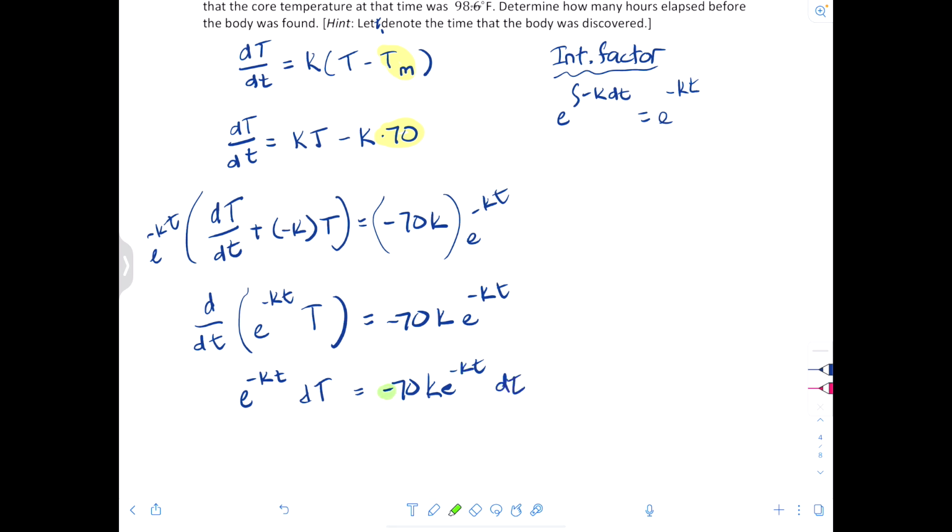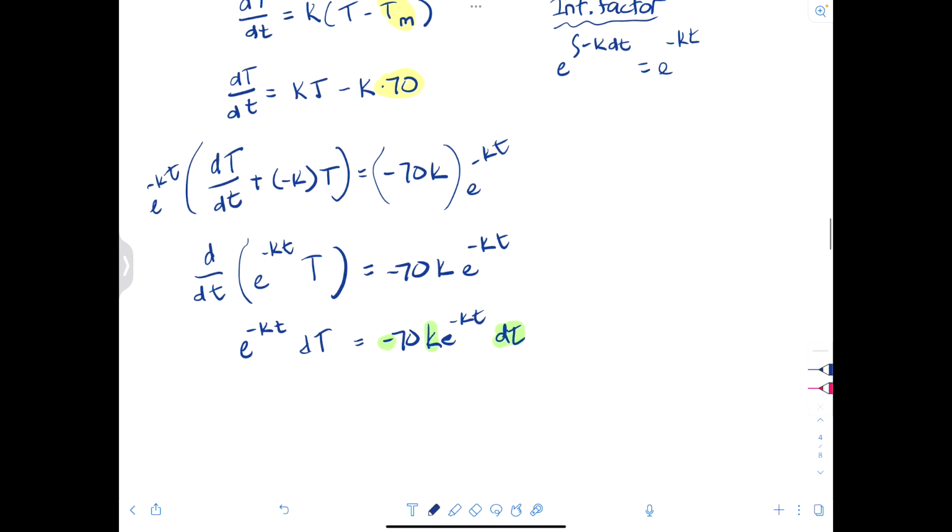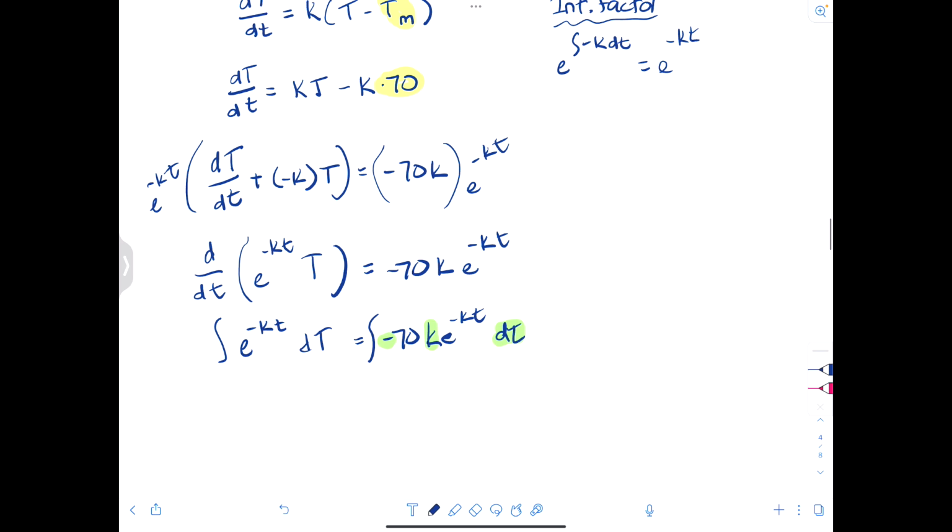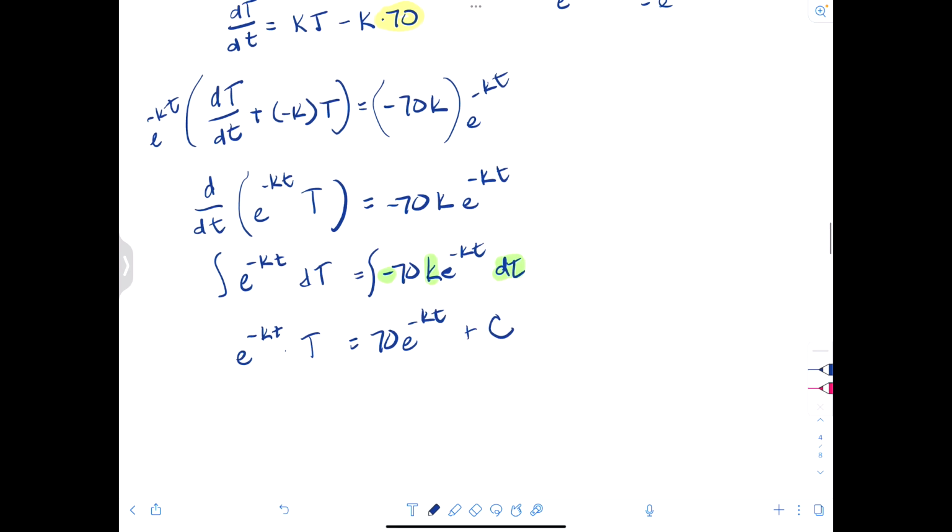Sorry, negative k dt. So here we go, integrating both sides. On the left side, we'll have e to the negative kt times T for temperature is equal to 70 e to the negative kt plus our constant of integration.